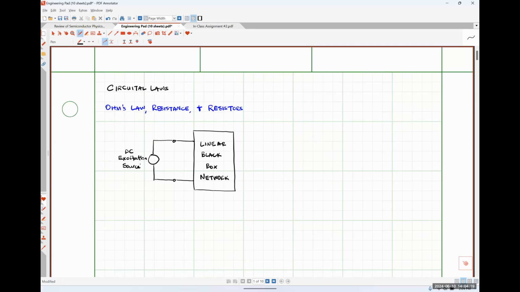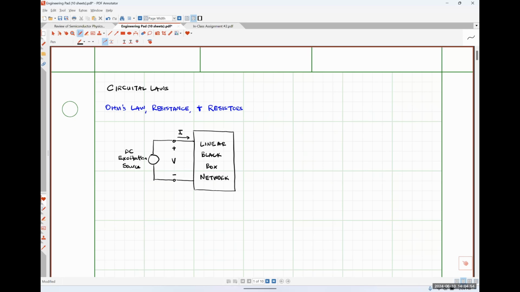to energize our circuit. And if we were to measure the voltage drop across the terminals of our network, as well as the current flowing into the terminals of our network, we would observe that there is a constant of proportionality that relates the voltage and the current in this linear black box network.